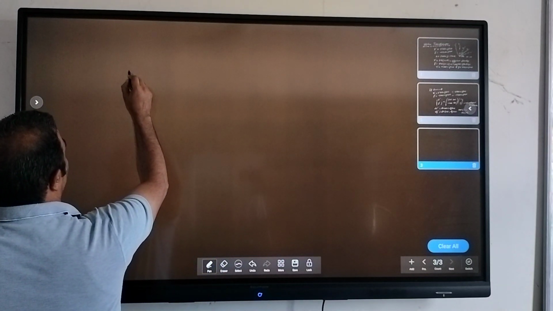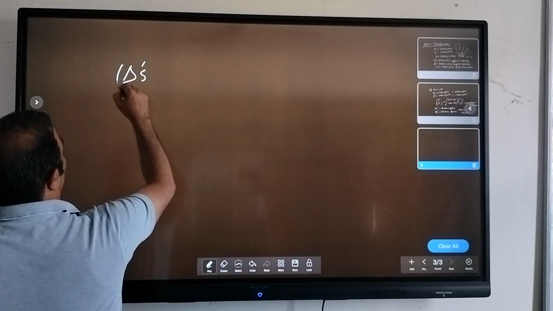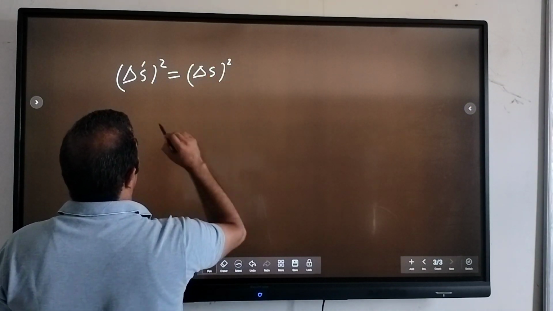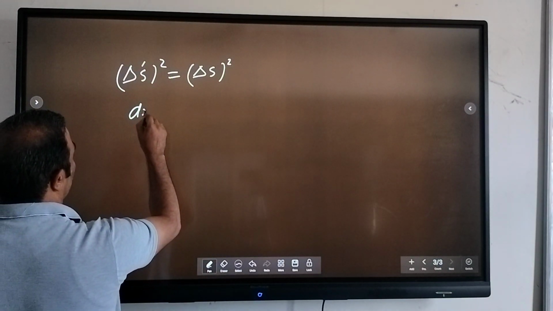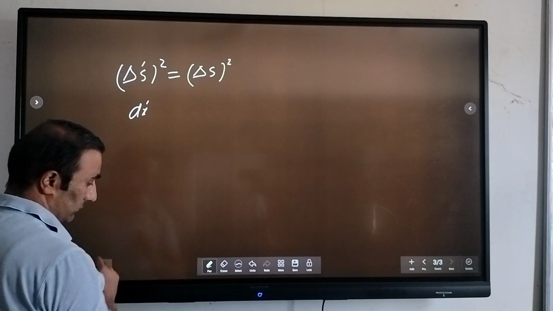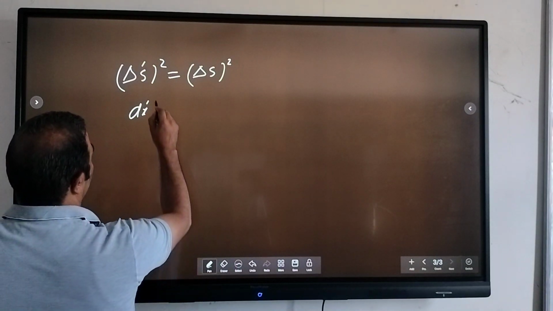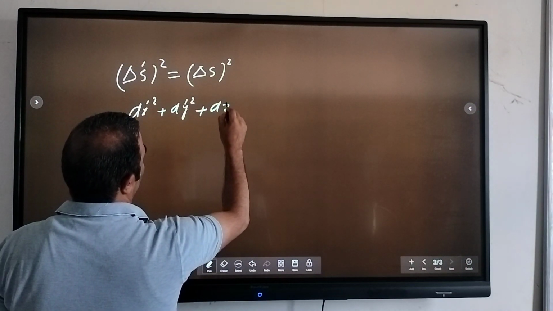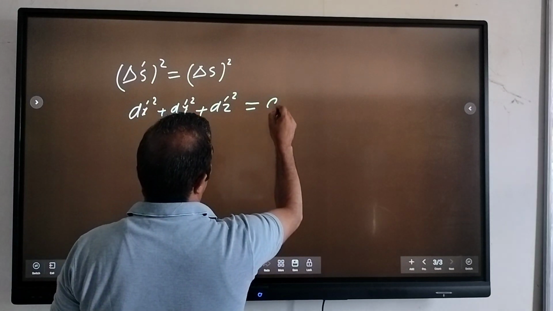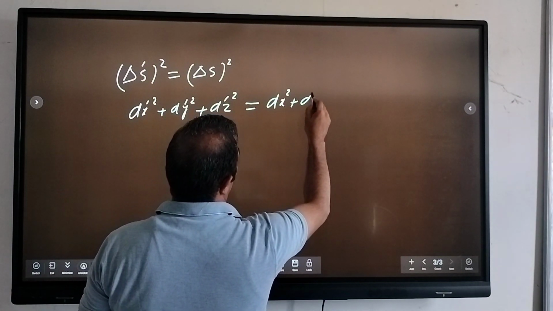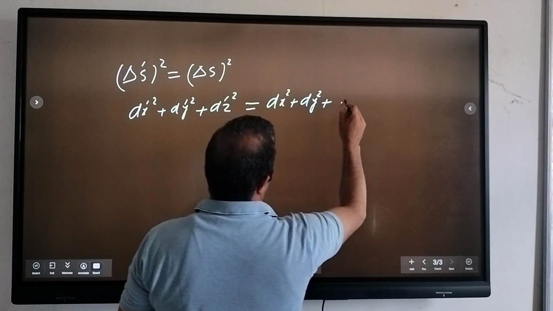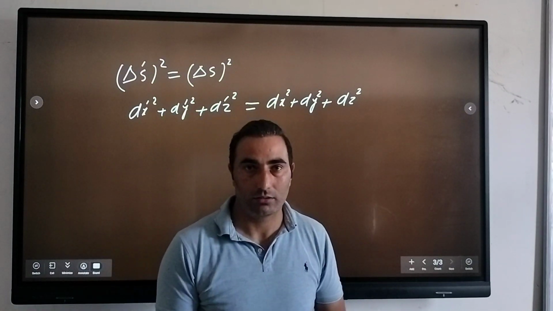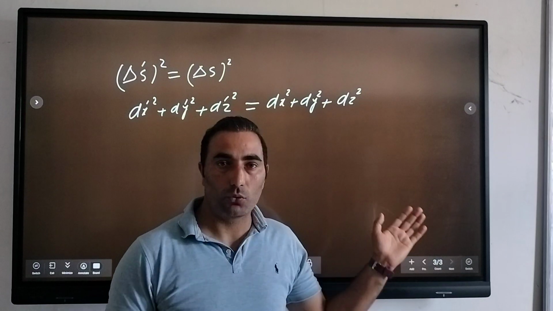So what is our delta x prime square? It should be equal to delta x. What is delta x prime square? That is dx prime square, and that should be equal to this. This indicates that the square of this length remains invariant if you go from one frame to another frame.